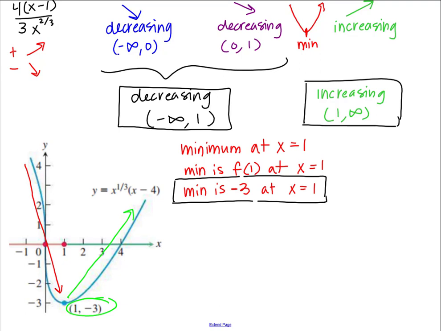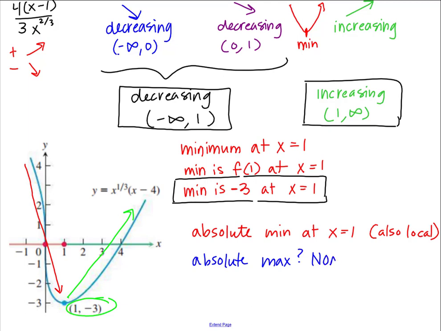All right, is that a local min or an absolute min? And it is an absolute minimum at x equals 1. Is it also a local minimum? Sure. It's also a local or relative minimum, but it is the absolute lowest point for the graph. Does the graph have an absolute max?